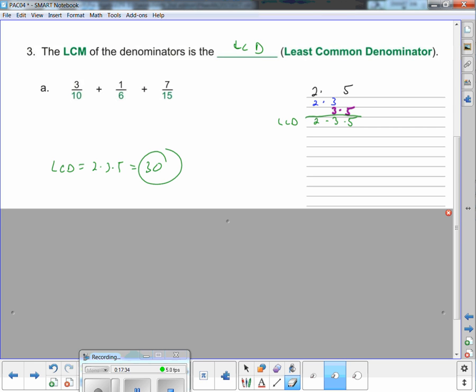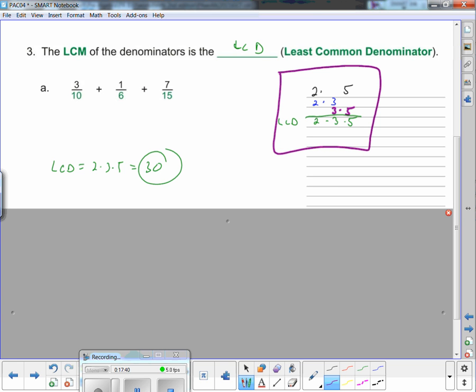What I need you guys to do is look right here. The first number came from the 10 denominator. The second number came from the 6 denominator. And the third number came from the 15 denominator, right? Now, I want you to go back and notice, looking at the 10, what is the 10 missing of the LCD?